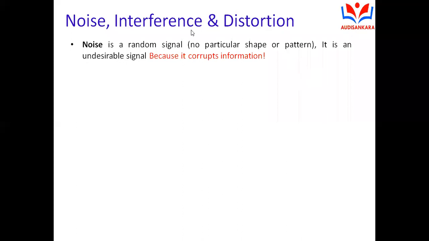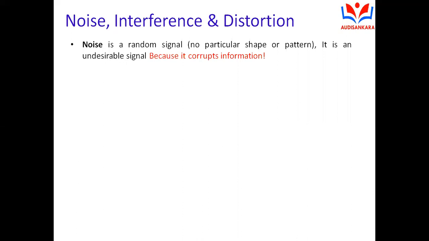Then, at the channel, already we have discussed the main things: noise, interference, and distortion. So what is meant by noise? Noise means simply disturbances. Whenever an unwanted signal is added to the original signal, the shape of the original signal changes.